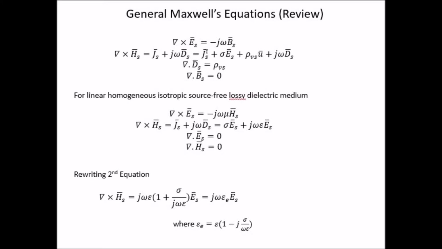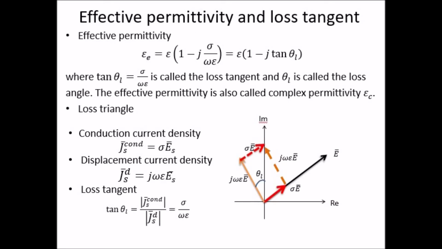So if you take j squared on the top, that will be minus j squared, and the denominator is j, so you cancel out j squared over j, it will be negative j. The complex permittivity has a real part and an imaginary part.